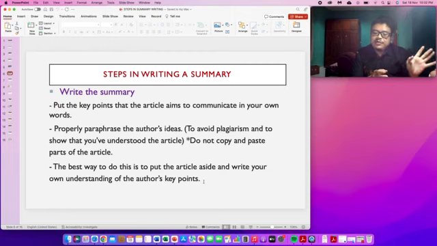Then I would try to rewrite the key points in my own words. In that way, I would not be following the structure of the author. In other words, I would try to form my own sentences, which is what paraphrasing is all about.